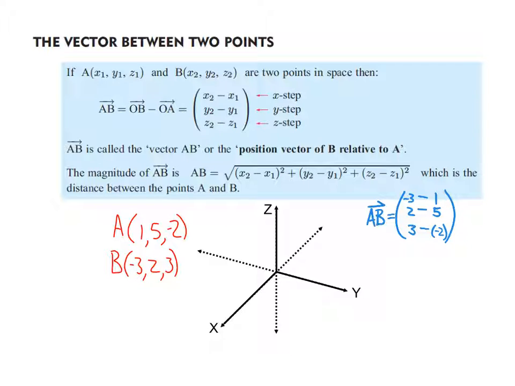Same thing we did in 2 dimensions. Now we just have a third component. So vector AB would be the vector negative 4, negative 3, positive 5.